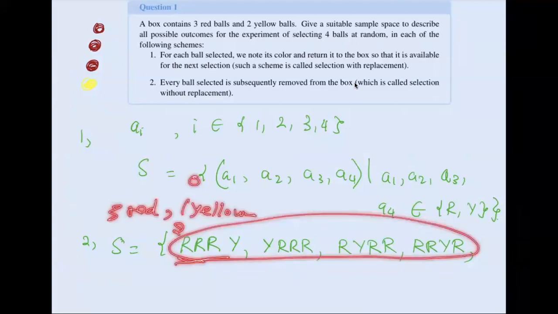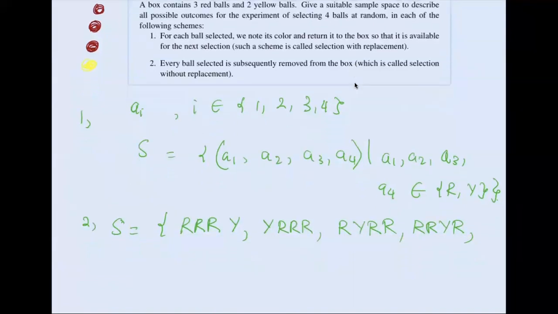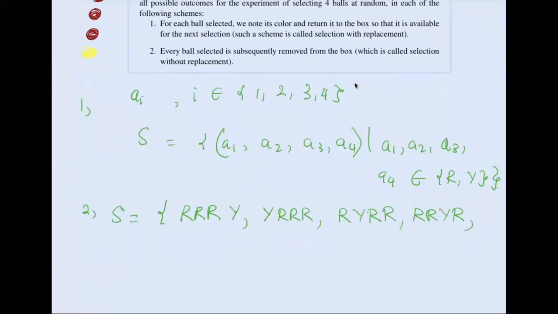And then you will think about, can I have 2 yellow balls? And yes, you can, but you cannot have more than 2 yellow balls. So when you have 2 yellow balls, it means you will have 2 red balls because you pick out 4 balls in total. So one of the outcomes that you can have is the first and second pick, you pick red, and the third and fourth pick, you pick yellow.